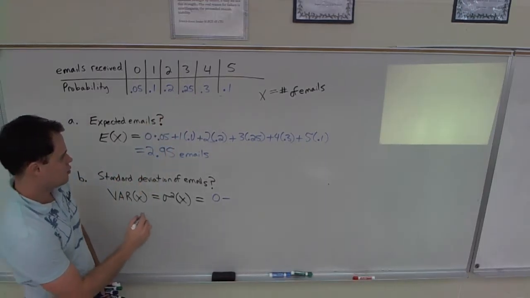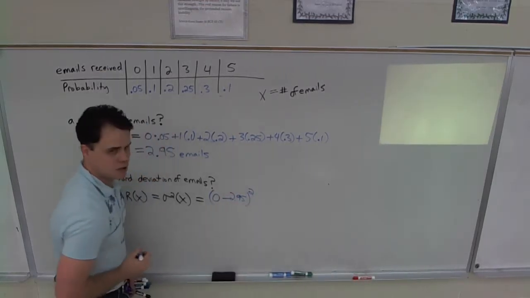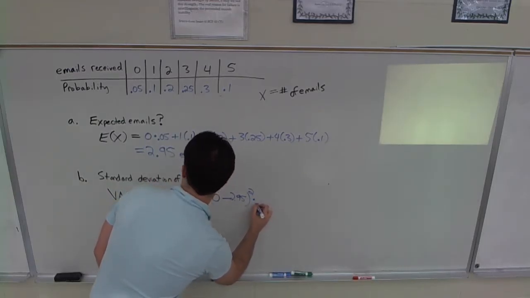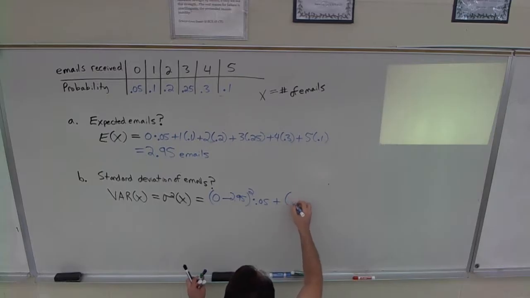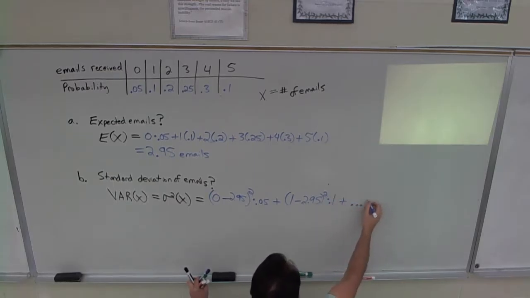Okay, so we got to go 0 minus 2.95 squared times its probability, which is 0.05, plus, then you'd have to do the next one, which is 1 minus the expected value squared times its probability. Plus, you got to do that for every one. I'm not going to write them all out.